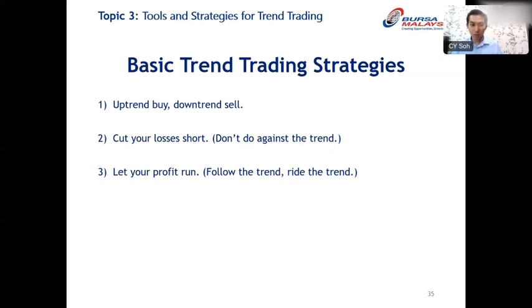It all goes back to these 3 basic trend trading strategies. Uptrend buy only, downtrend sell, cut your losses short, let your profits run. And regardless of what technical indicators or trading strategies you use, you still need to follow these 3 basic rules. All right.